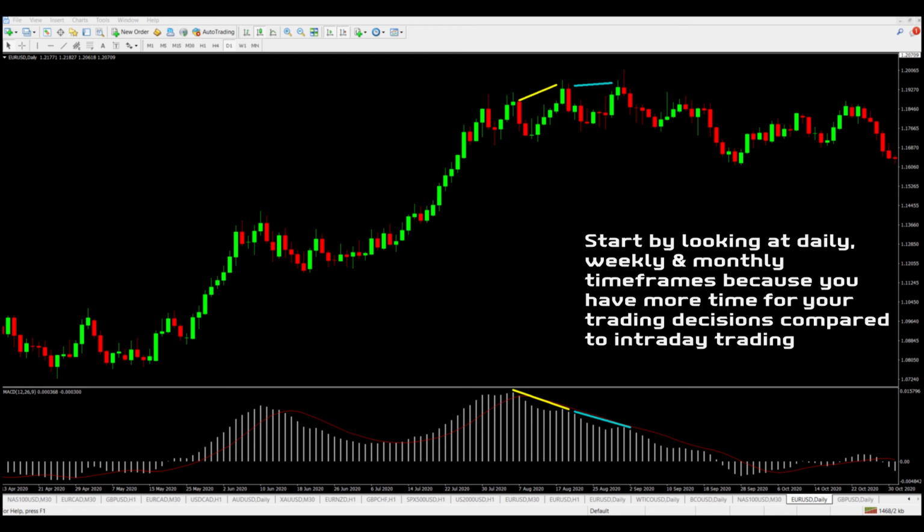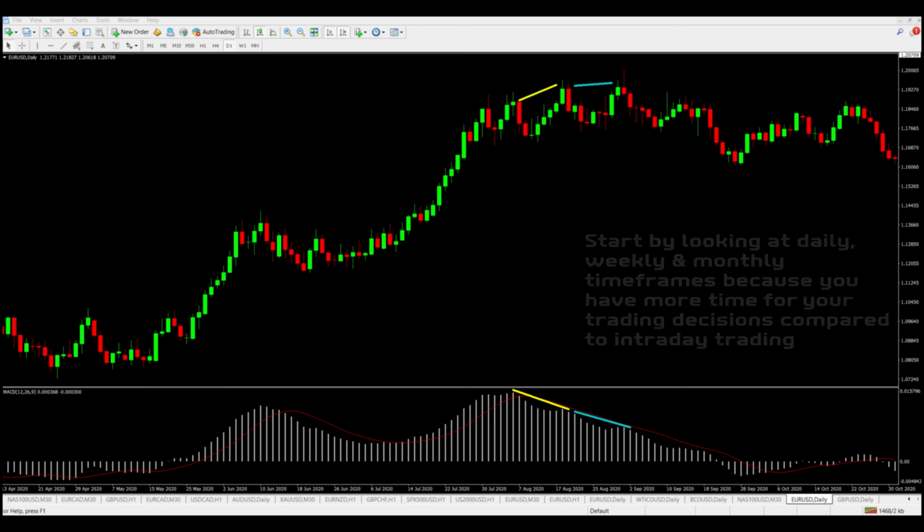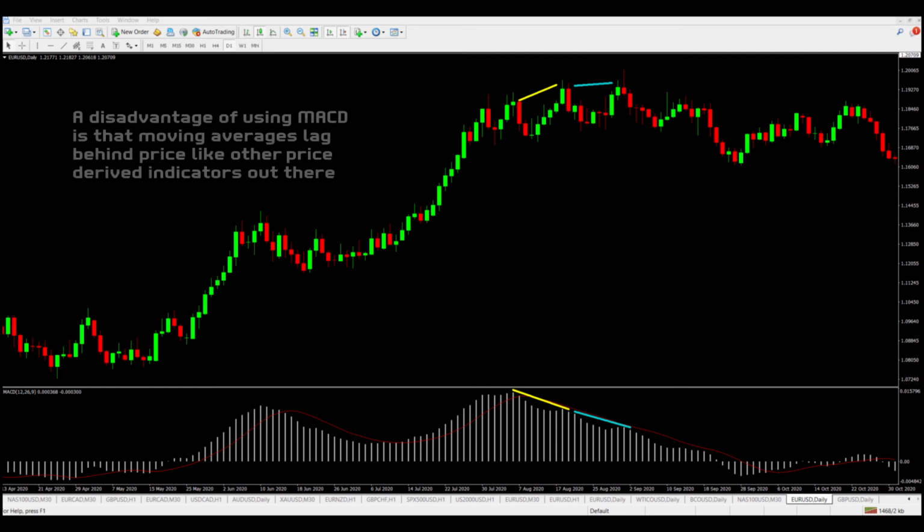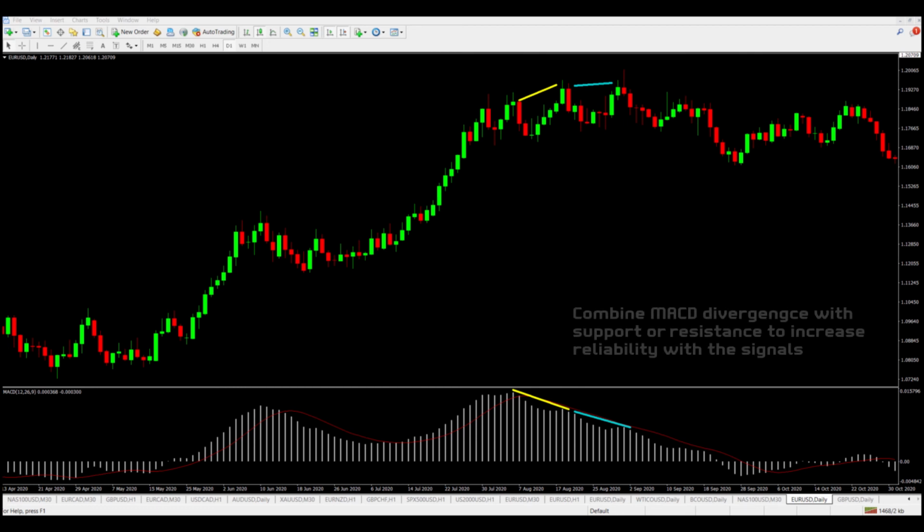Be aware that MACD has some disadvantages as well as advantages. A disadvantage of using MACD is that moving averages lag behind price like other price-derived indicators out there. This is why, if you are a beginner, I recommend combining divergence along with price action such as support or resistance levels to help identify stronger signals.